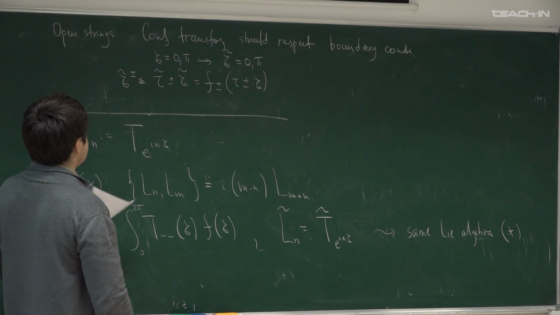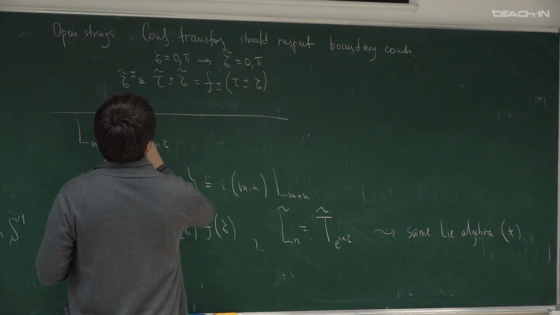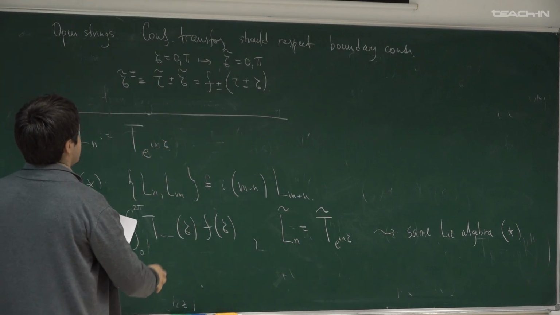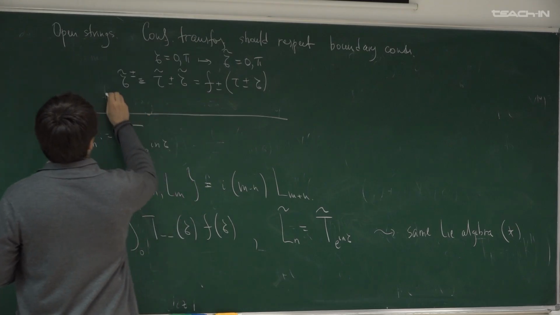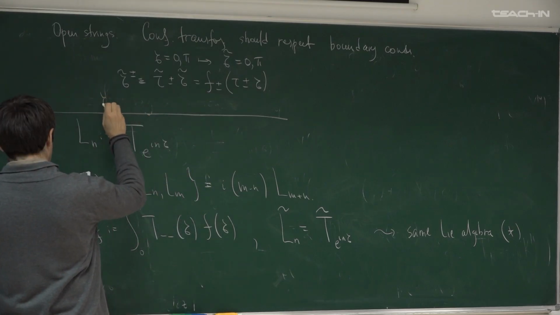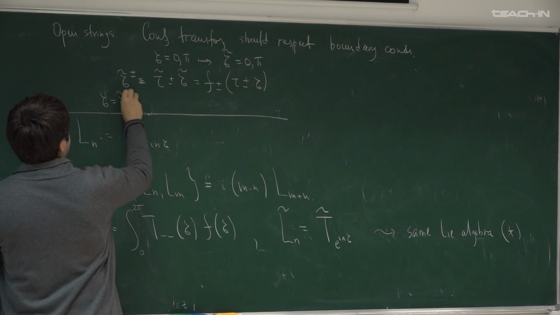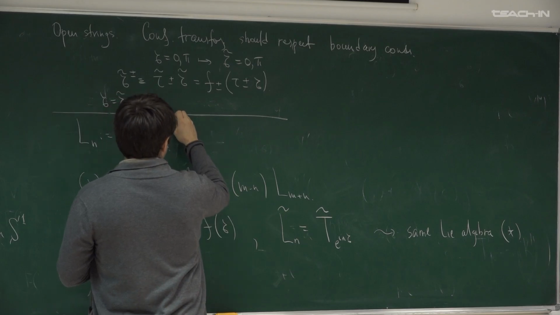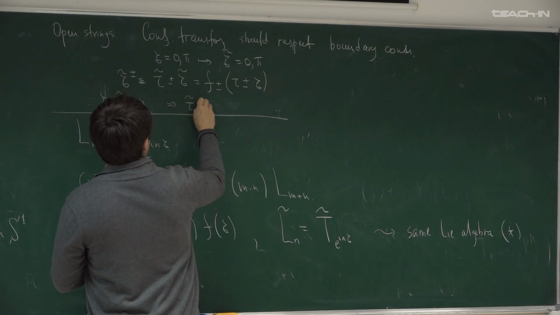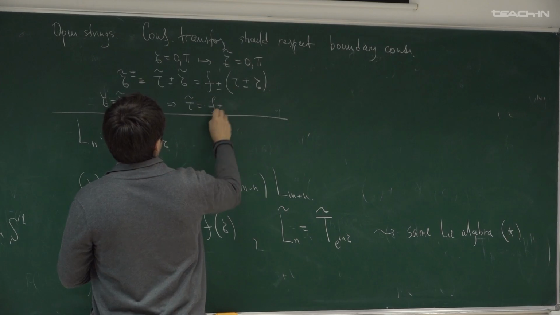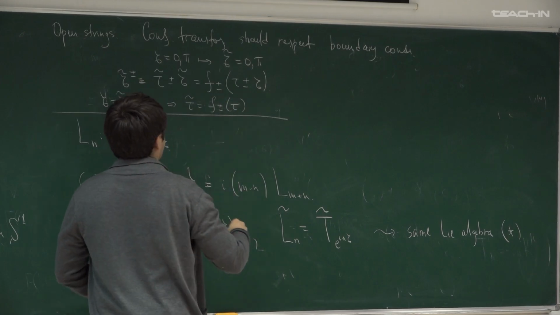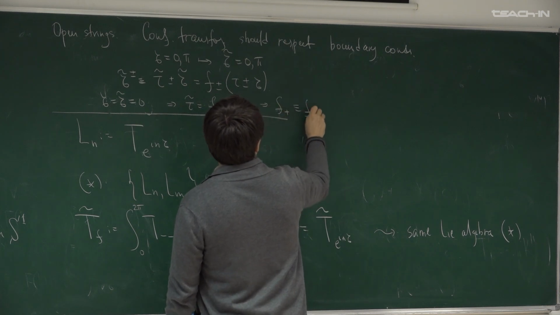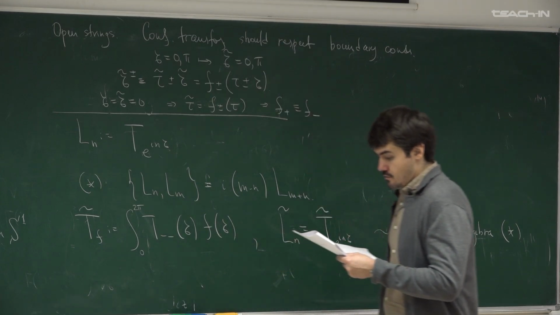So let us set sigma equals 0. It should be mapped to sigma tilde equals 0. So that means that tau tilde is f plus minus of tau. So that means that f plus equals f minus, right?